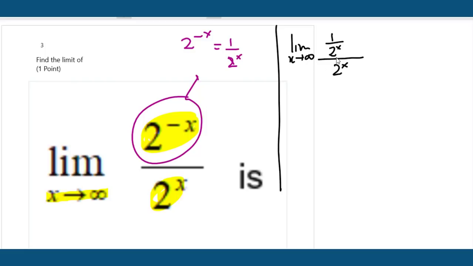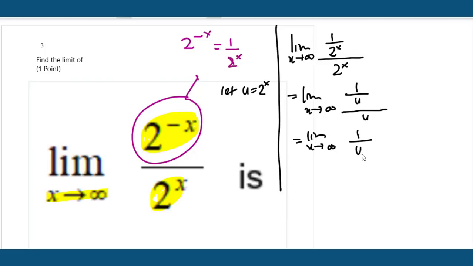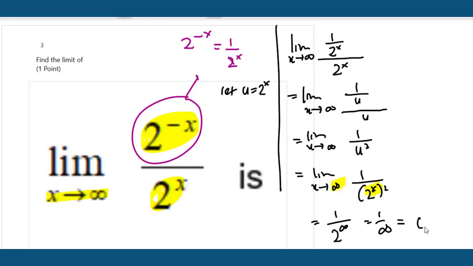And if this one has a problem, you can let u be equal to the power x and substitute. So the limit becomes 1 over u. The next step is substitute infinity. Get 1 over a very big number, or 1 over infinity, which is equal to 0.